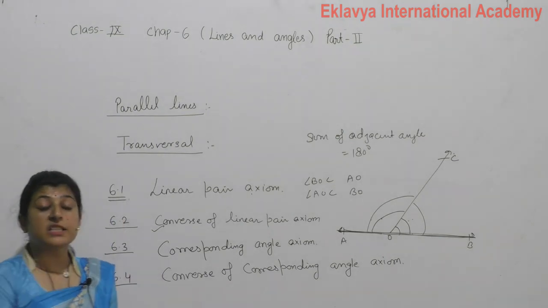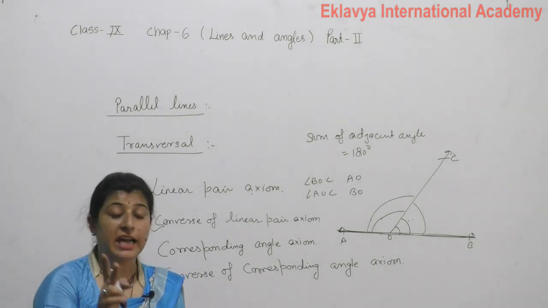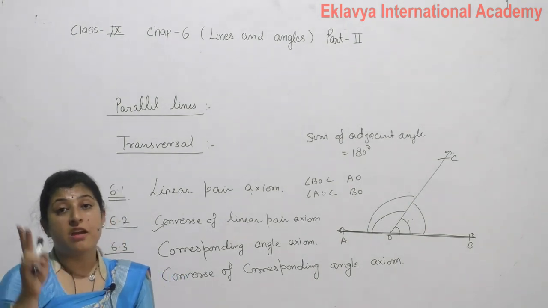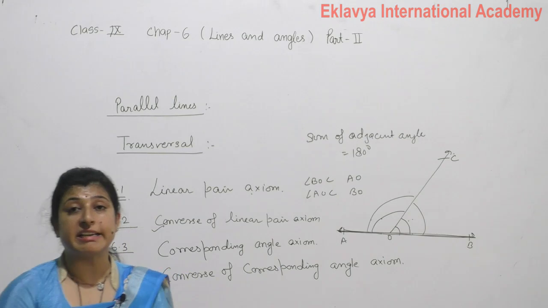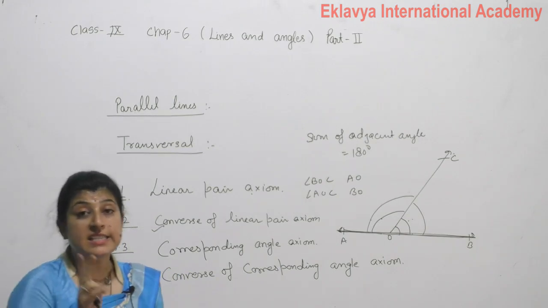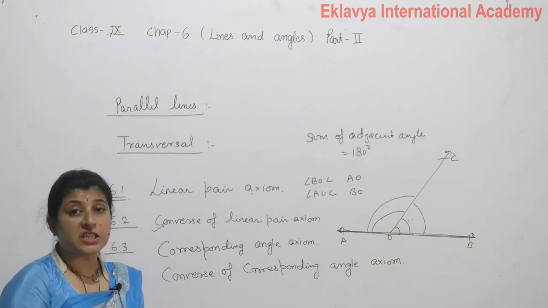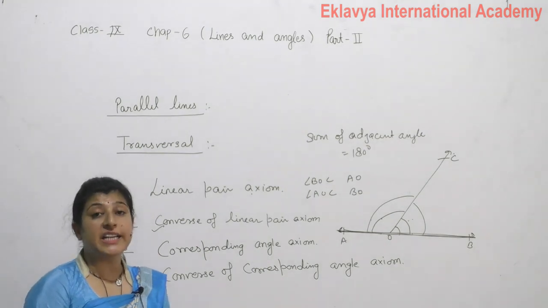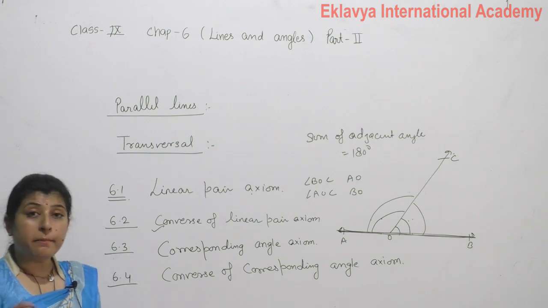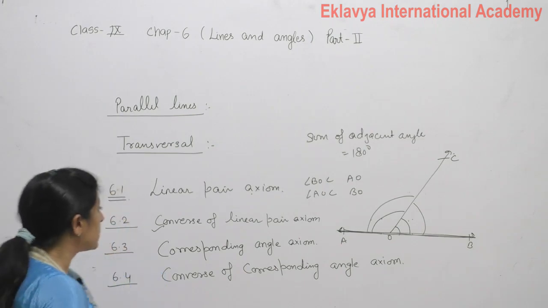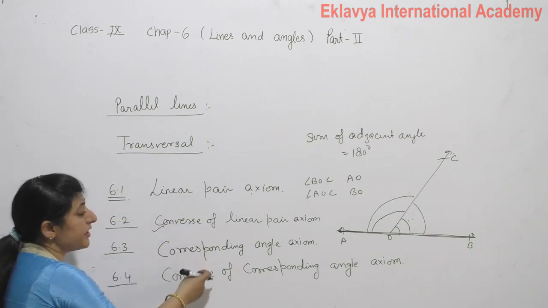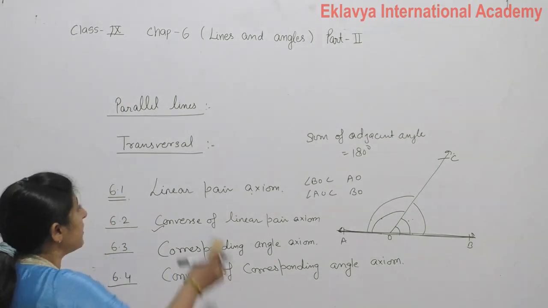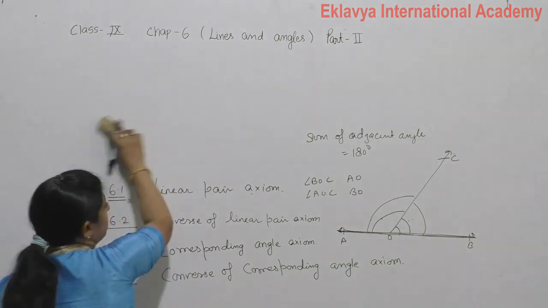When a transversal intersects two lines, remember, there are no parallel lines given, just two lines, such that their corresponding angles are equal, then these lines are said to be parallel lines. So these four axioms we use in this chapter directly to prove the theorems.